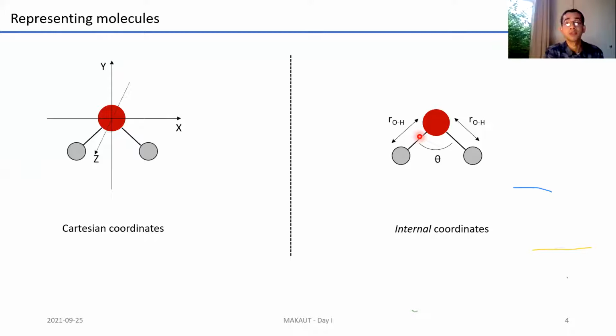For example, in water, the internal coordinates are the oxygen-hydrogen bond lengths, the R_OH in these two bonds, and the bond angle. So effectively, you can represent molecules using XYZ coordinates, which are Cartesian, or bond lengths, bond angles and dihedral angles, which are internal coordinates.